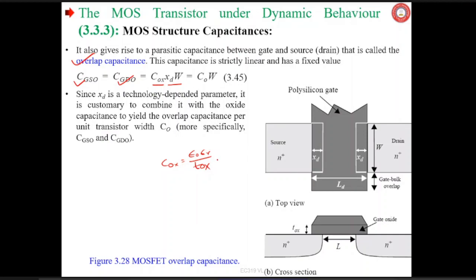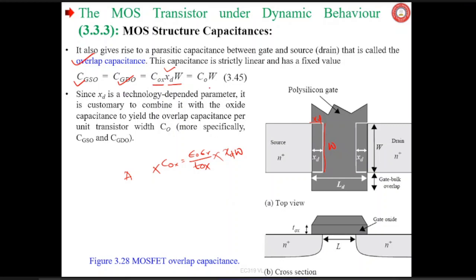This is the value. It is farad per meter square or centimeter square or micrometer square. Remember that. So if you multiply with the area, what is the area here? This is the width of the device, W, and this is the XD. So area will be XD into W. Could you understand this point?